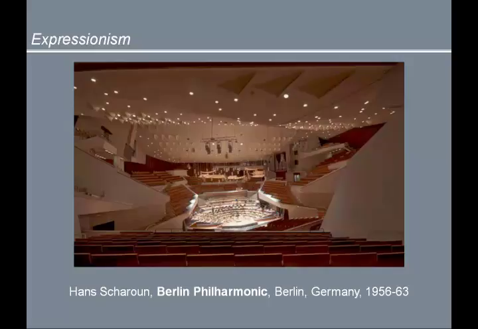Formally, the Berlin Philharmonic is complex in that the expressive interior spaces are reflected on the exterior of the building. So the draping that you see here in the ceiling, the angular composition, are carried into the formal design of each hall's volume. The angles and the swooping tent-like structure create a playful yet contained aesthetic that really complements the interior spatial conditions.